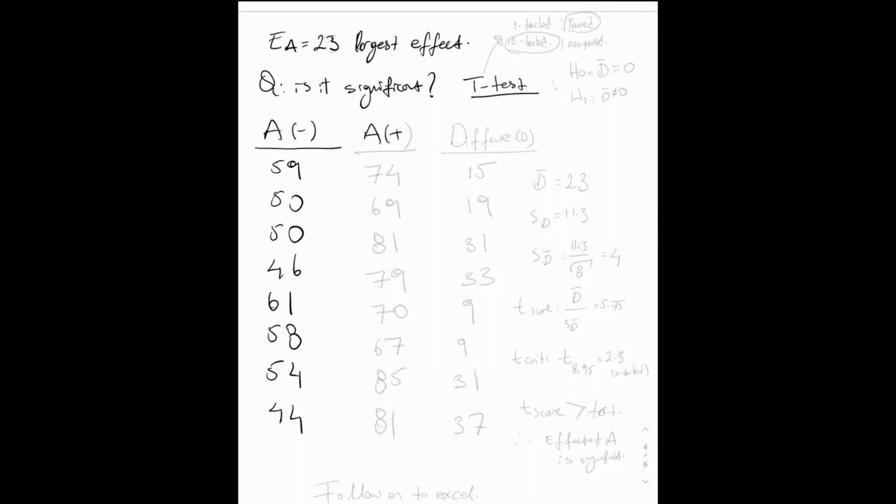And my A plus, similarly, if I go back to my table and read all the different trials that I did, it will be 74, 69, 81, 79, 70, 67, 85, and 81. And you can imagine if you did more trials, you'll just add to this list.